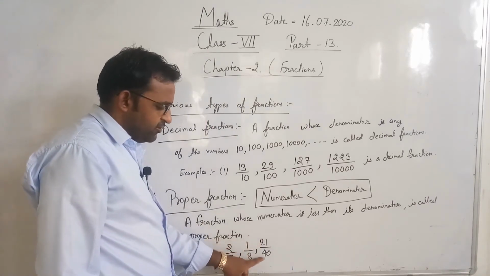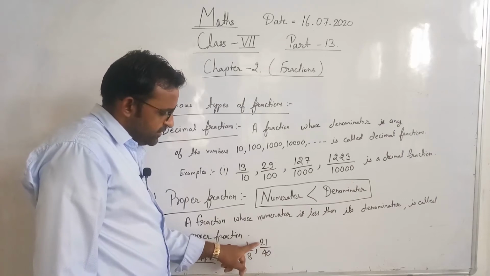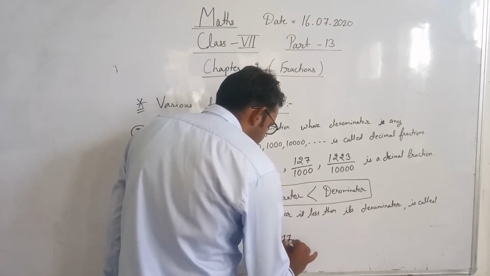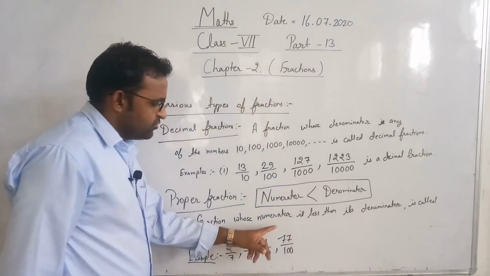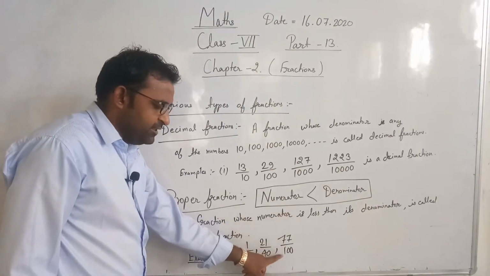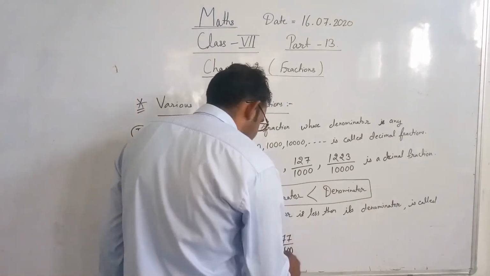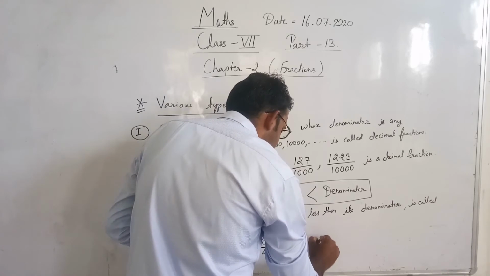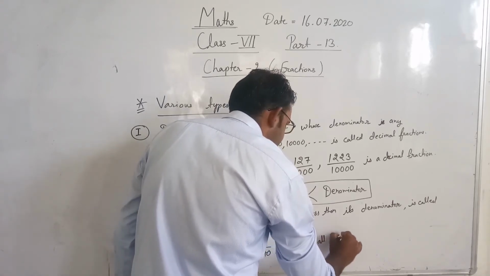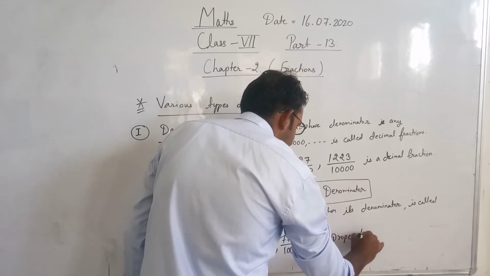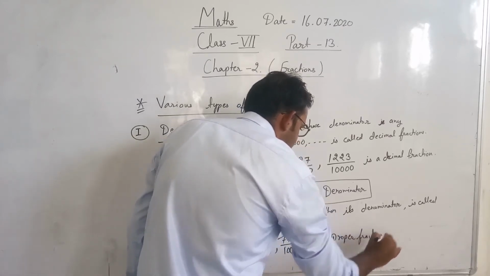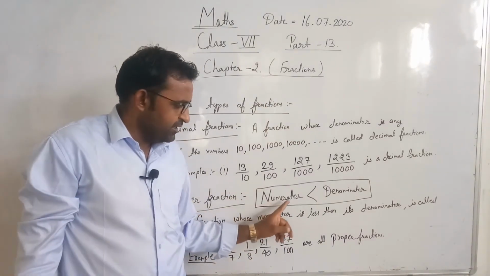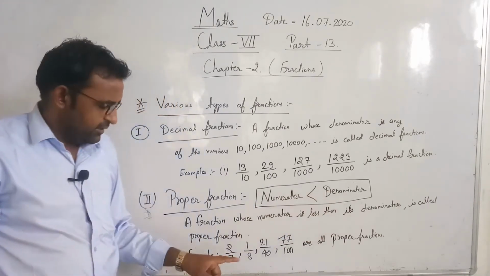The numerator is 21 and the denominator is 40. So the numerator is less than the denominator. Next, 77/100. The numerator is 77 and the denominator is 100. All examples are proper fractions. Okay student, so second type, proper fraction. In a proper fraction, the numerator is less than the denominator.